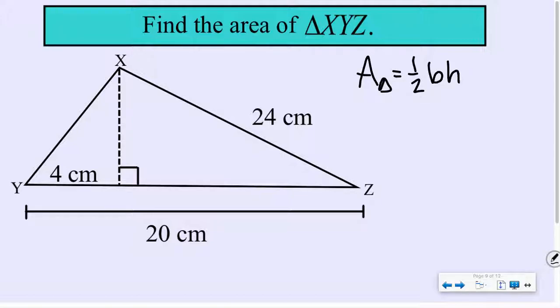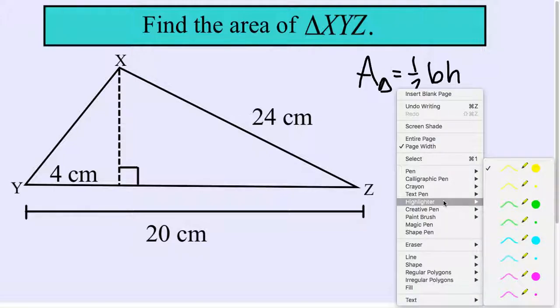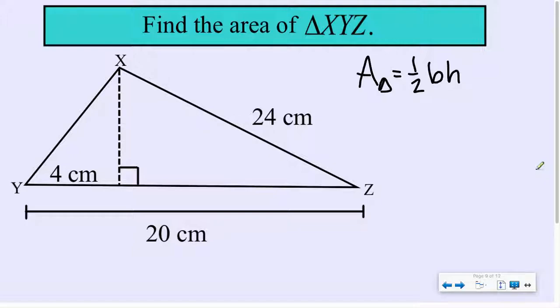Area of a triangle is 1/2 base times height. The base can be any of the three sides. And we're looking at the big triangle, XYZ, so I can either use 24 or 20. Which one would have to be my base? Why? Yeah. 20 is the one that the altitude is perpendicular to. So I know then that my base is going to have to be 20.